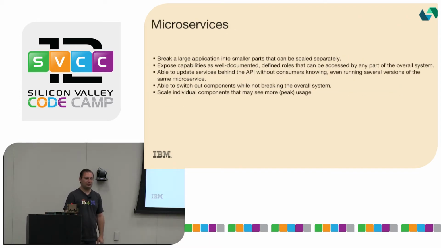So the next thing that came about was microservices. You have this monolithic application, and you have to scale that whole chunk up and down as the demand increases and decreases. With microservices, the goal was to separate out components. So you might have certain components of your service needing to be scaled up and down separately from the other parts of it. You break down the large application into smaller parts that can be scaled.